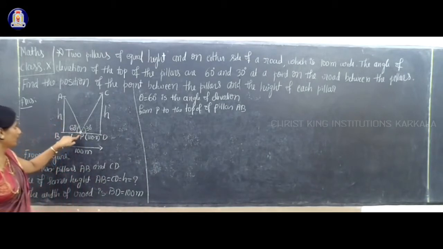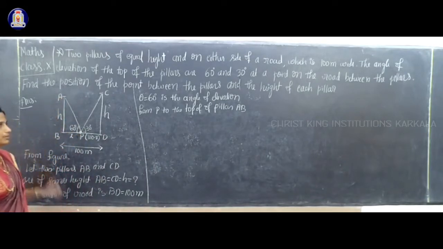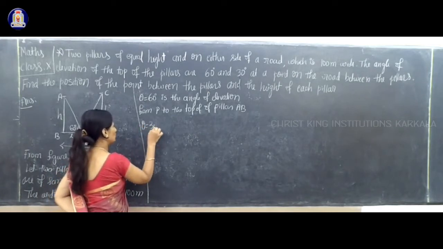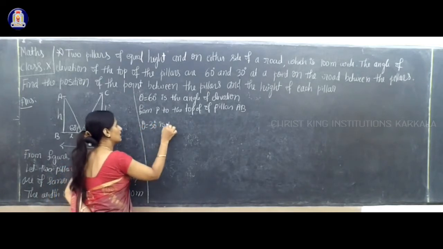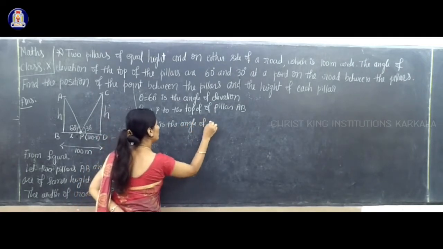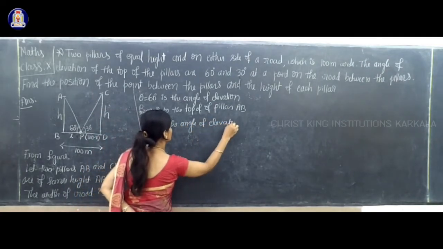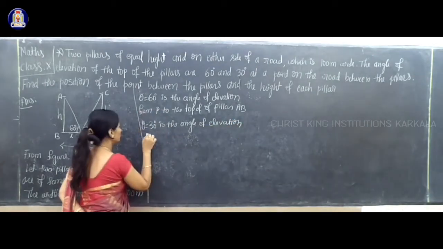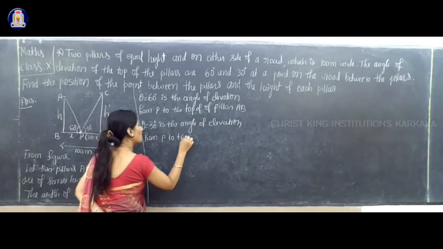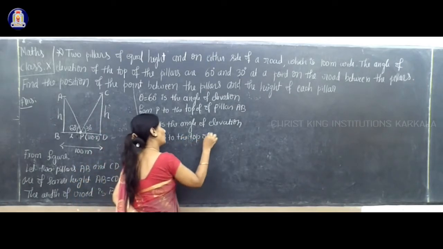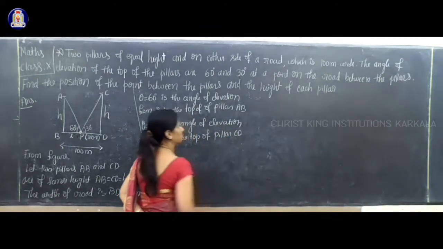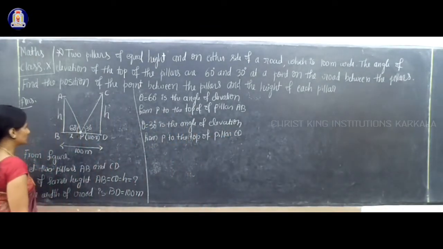So from the point P to the top of pillar AB, theta is equal to 60 degree. Now theta is equal to 30 degree is the angle of elevation from point P to the top of pillar CD. Correct now? Pillar CD.